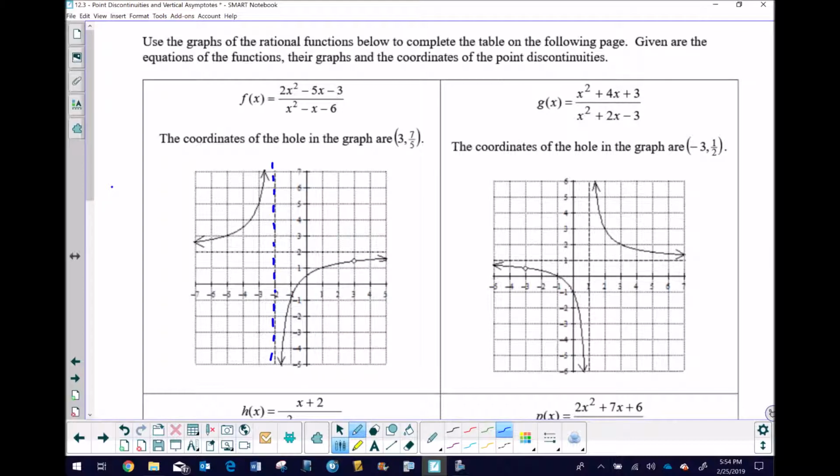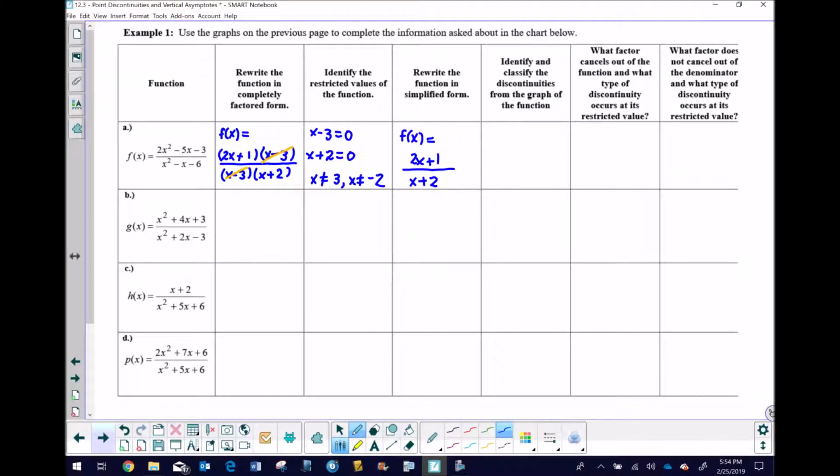So without question, x equaling negative 2 is a discontinuity. Now, it does want us to classify. Now, the classification can take on a lot of different words. Do you say removable? Do you say non-removable? Do you say point? Do you say jump? I would like to go ahead and use the following options.